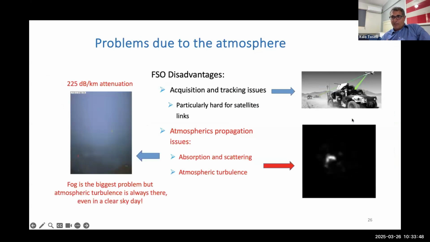But what is the problem here? The problem is that because the beam goes through the atmosphere, we have optical turbulence, like I said, but also we have what is the main problem when it's present, which is fog. Atmospheric turbulence is treated separately from scattering and absorption. We will see later the question of the link budget separately. But of course, when you have a situation where you have 225 dB per kilometer of attenuation, you cannot do free space optical communication.